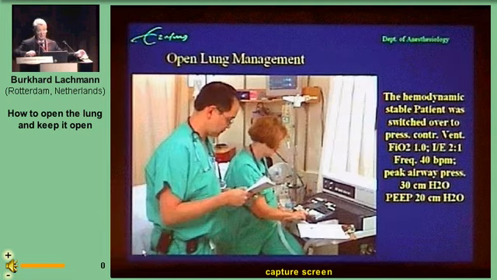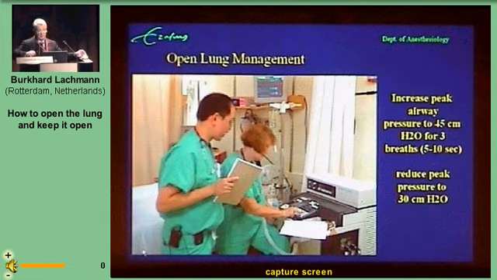Okay, his saturation is up to 100%, and his PO2 is 140. Considering that we are ventilating our patient with 100% oxygen, we have to realize that the lung of this patient is quite atelectatic. That's why I would like to do a recruitment procedure.